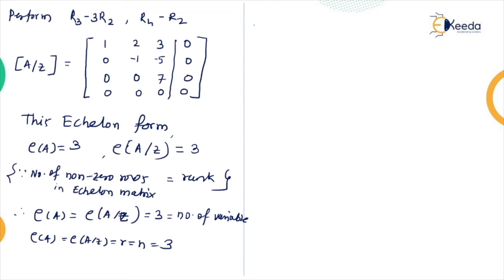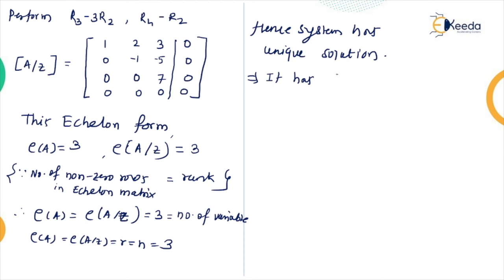So hence the system has a unique solution. A unique solution means that the system has only the trivial solution. Trivial solution means x is 0, y is 0, z is 0, because of that 0.